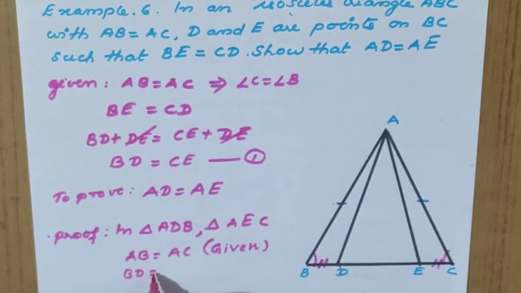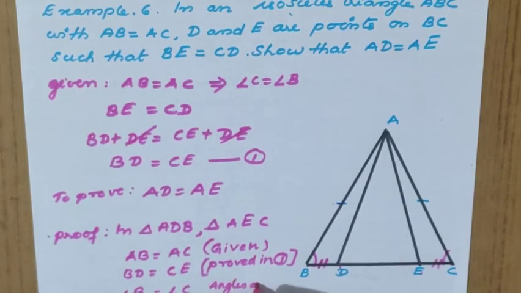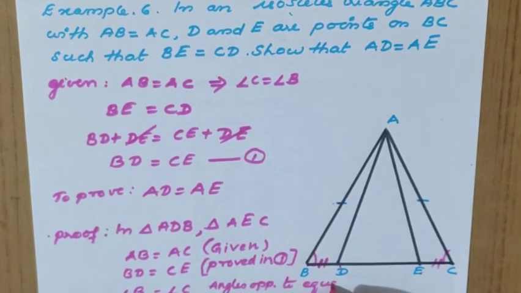BD equal to CE, proved in 1. Now what is left? Angle B equal to angle C. See that in triangle ADB, angle B is there. So angle B equal to angle C. Also what is the property? Angles opposite to equal sides.